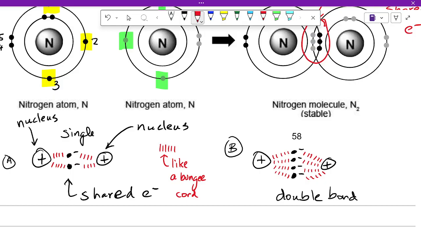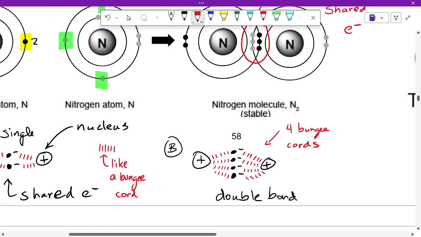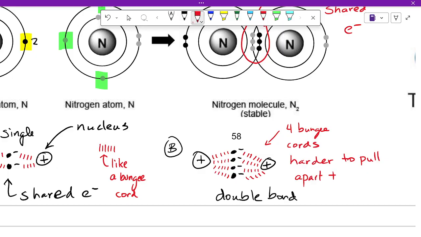Okay? So that means that a double bond is stronger than a single bond.